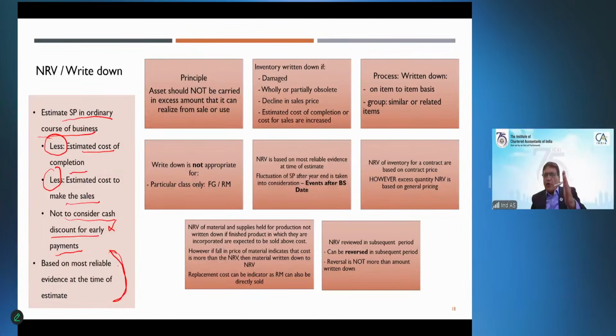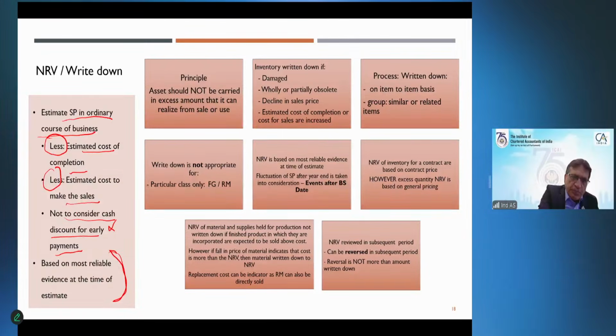Irrespective of whatever cost you have incurred for the inventory, you should be able to recover that, isn't it? Now, how I would be able to recover that is by way of realizing, by way of sale. So what I see is how much I'll be able to realize by sale. Say suppose X amount, but there could be a possibility that there are further expenses for making that sale.